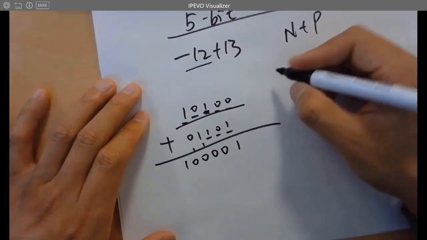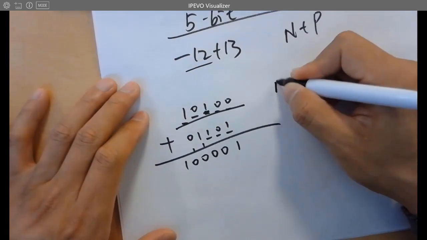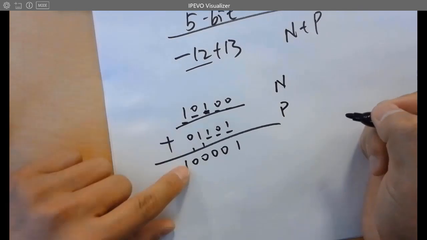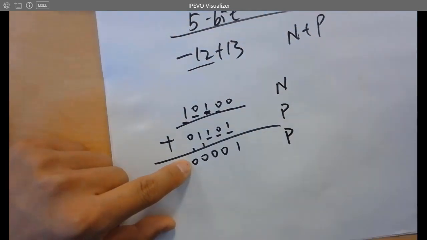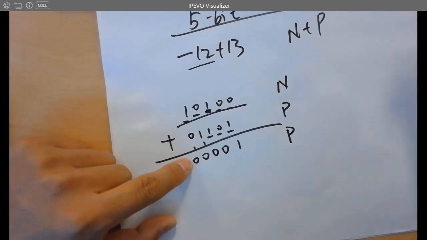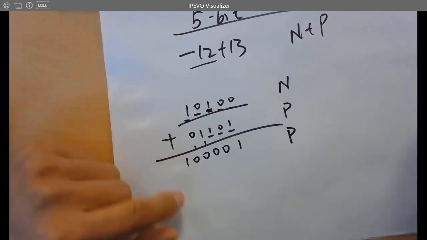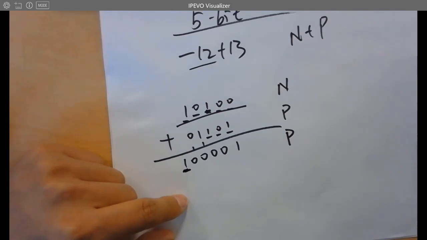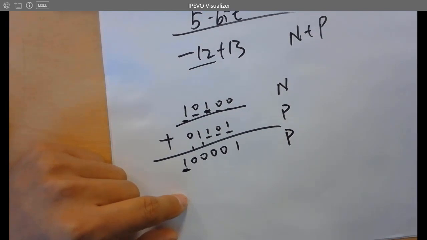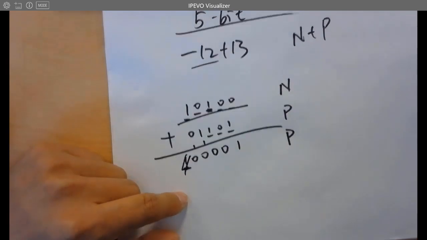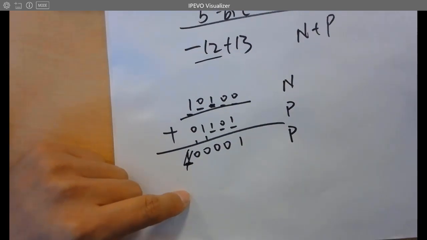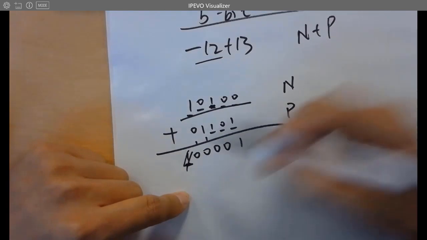That's the result. That's N plus P, and you got a carry, and you got a P. You know there's no overflow, right? So are you going to take this one as a result? No, there's no overflow, so you don't need that. That's kind of a defect in 2's complement, right? You got a carry, but you don't want to use it.